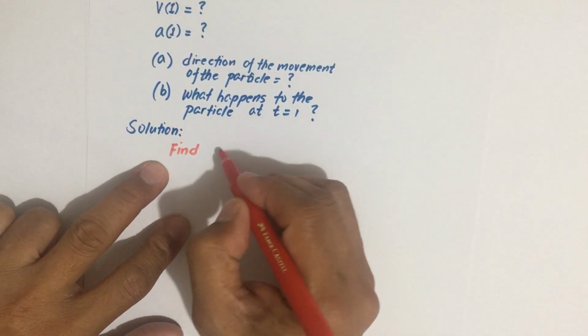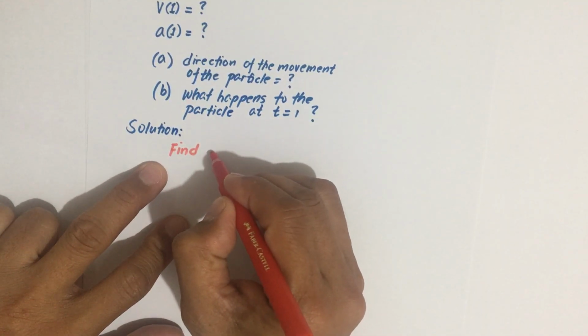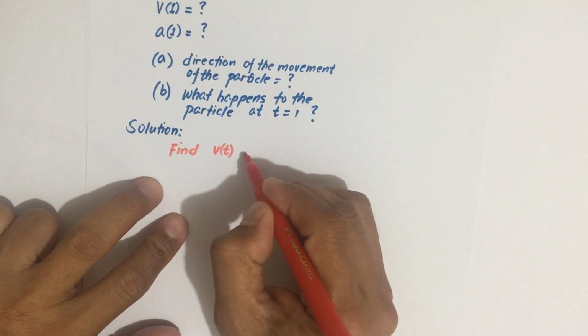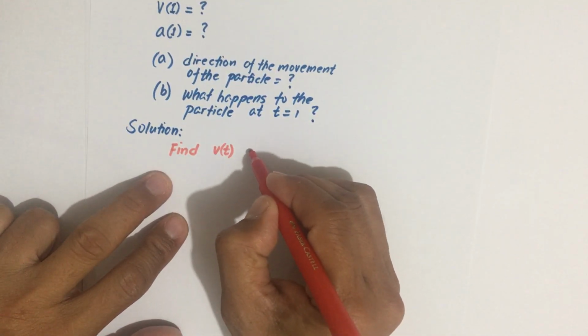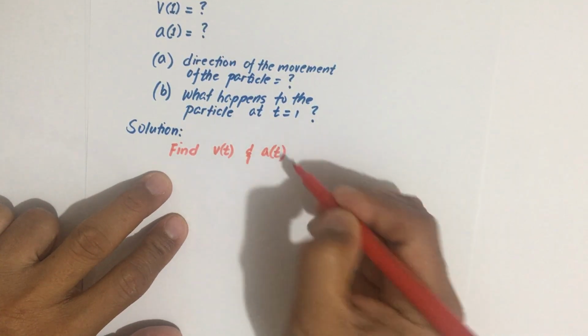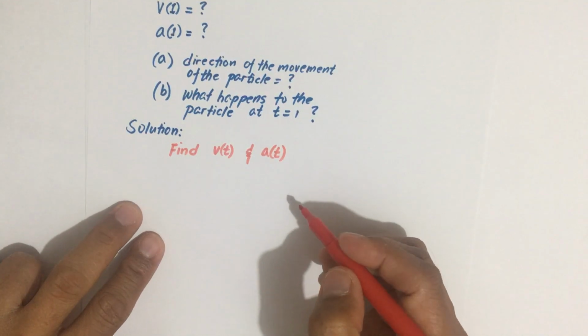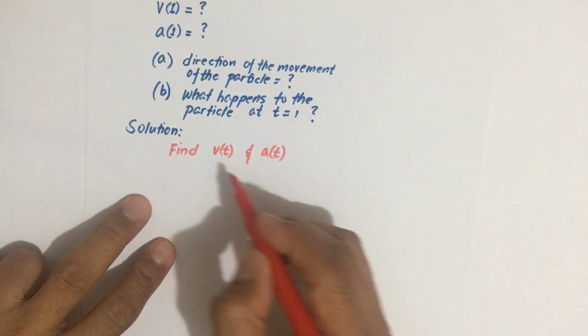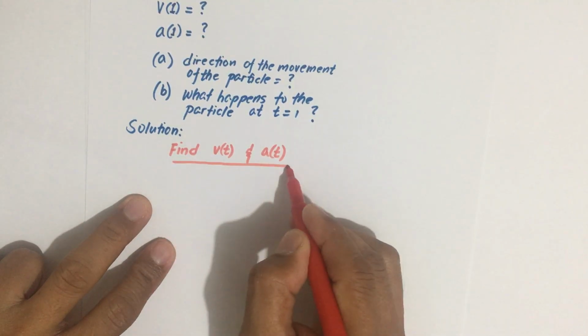So we will start by finding v of t, or the velocity, and a of t. Okay, so we have to find v of t and a of t.